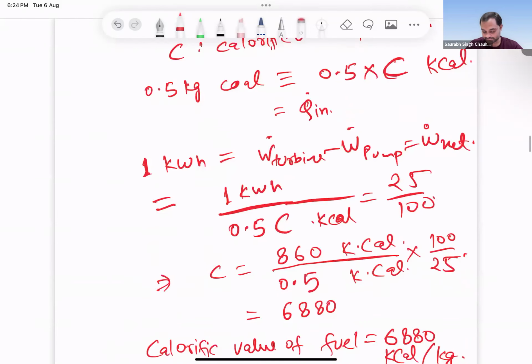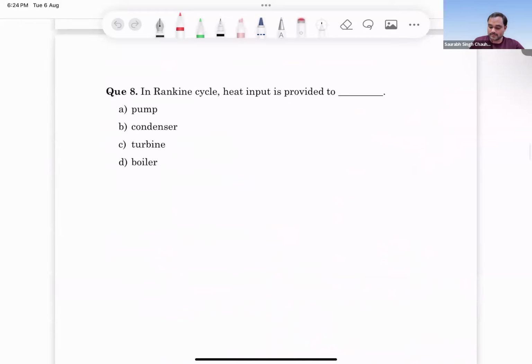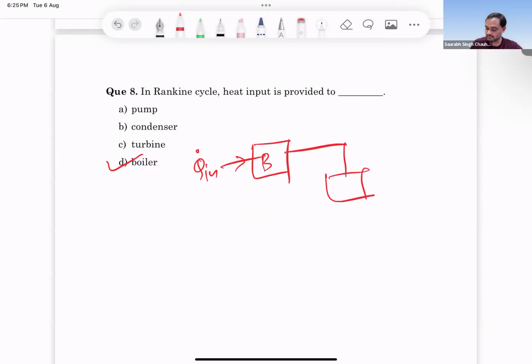Question number 8. It says that in a Rankine cycle, heat input is provided to, very easy question, heat is provided to the boiler. Okay, heat is provided to the boiler, and work output we are getting from the turbine.